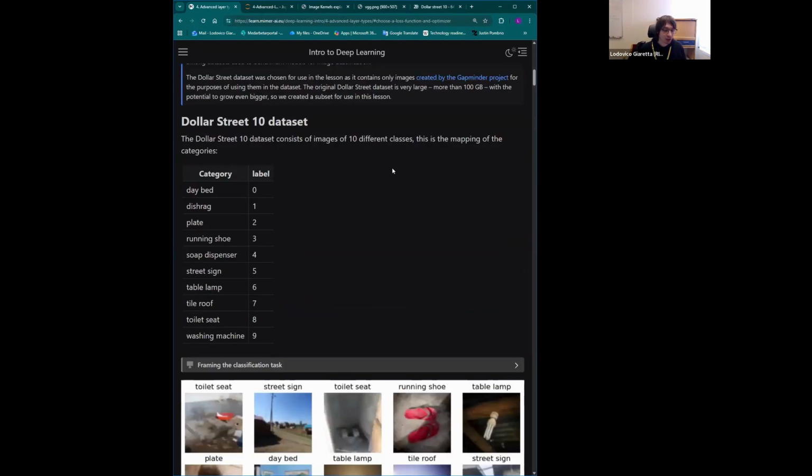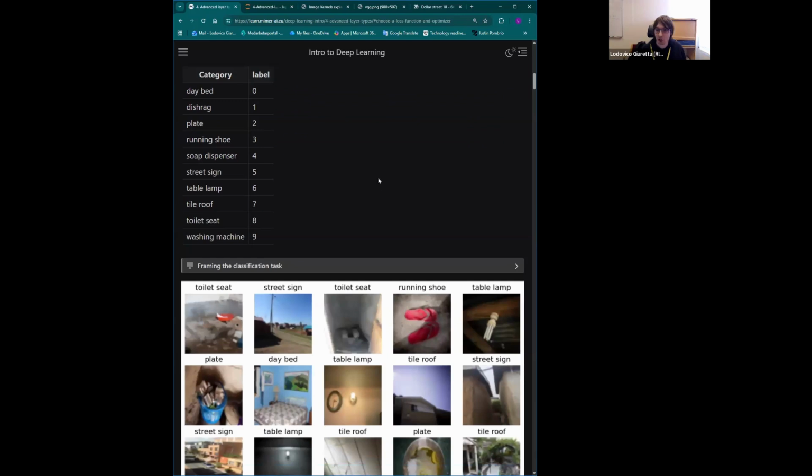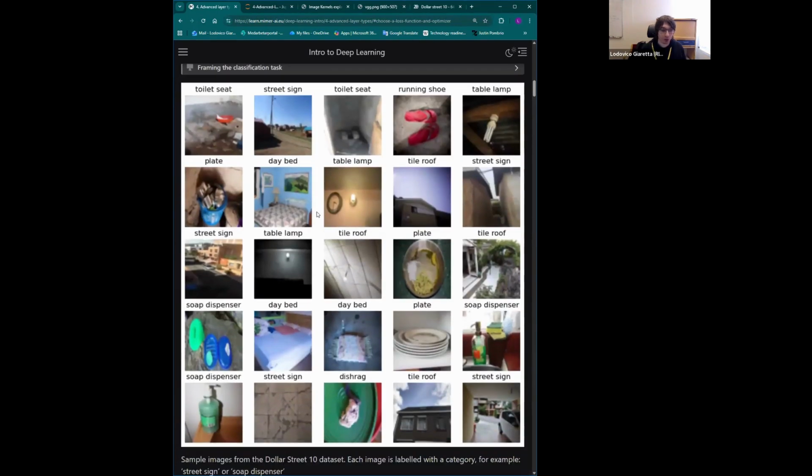If we have a look at what is in this dataset, it contains images crowdsourced through people on the internet. Each image is categorized, and in this specific sample, we have 10 different categories of common everyday objects. And these are examples of the pictures that we have in the dataset.